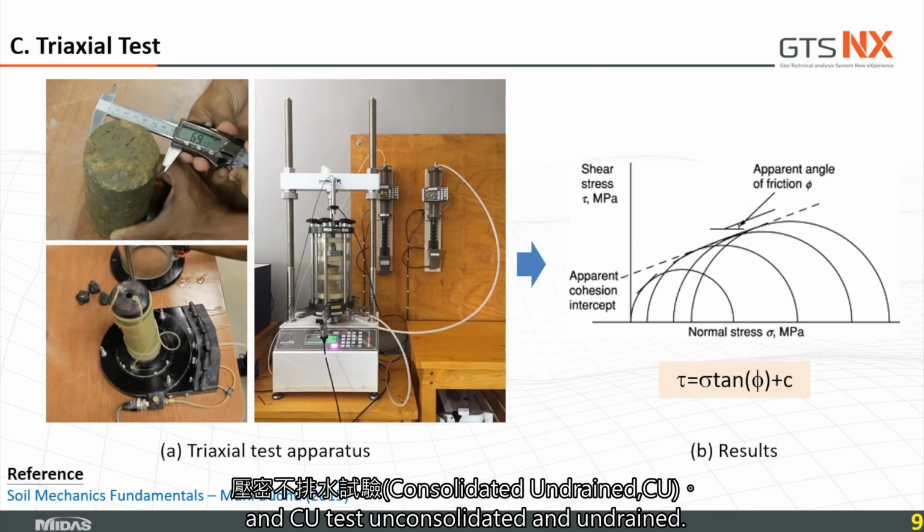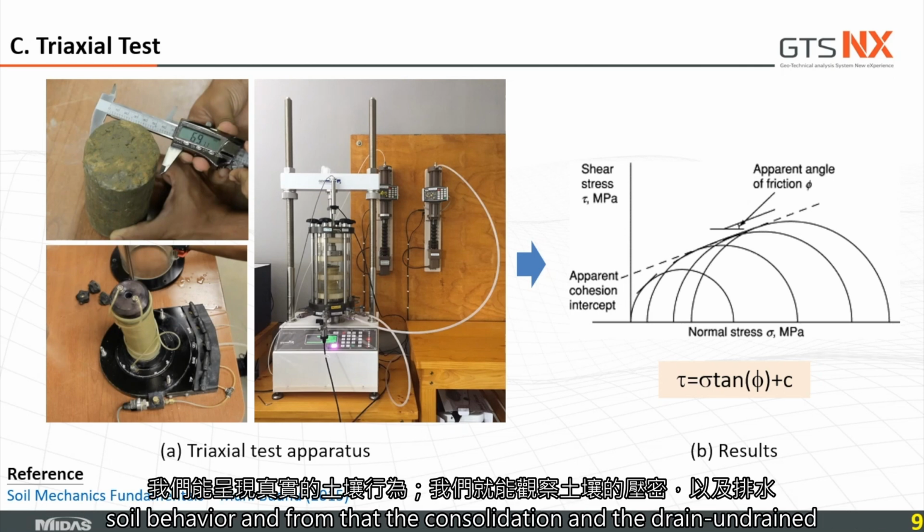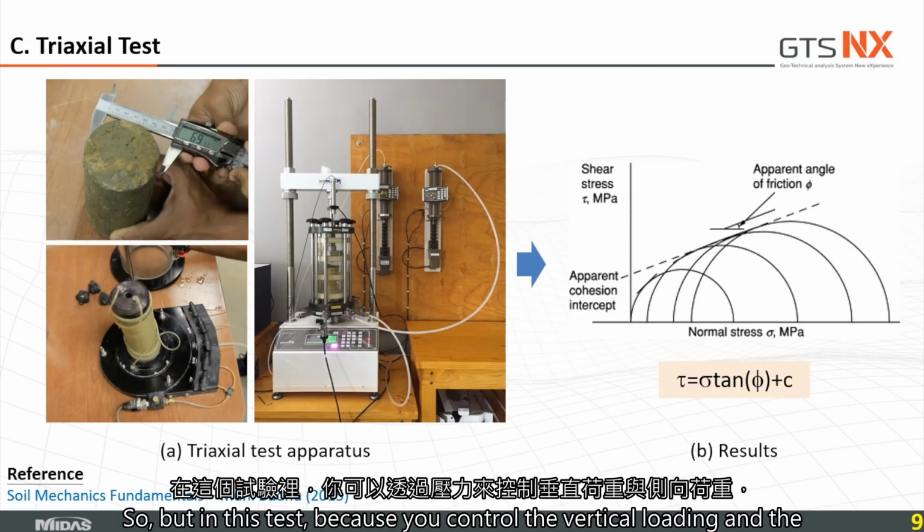consolidated and undrained. The pore pressure and the cell pressure are controlled to represent the realistic soil behavior, and from that the consolidated, drained and undrained behavior will be represented.